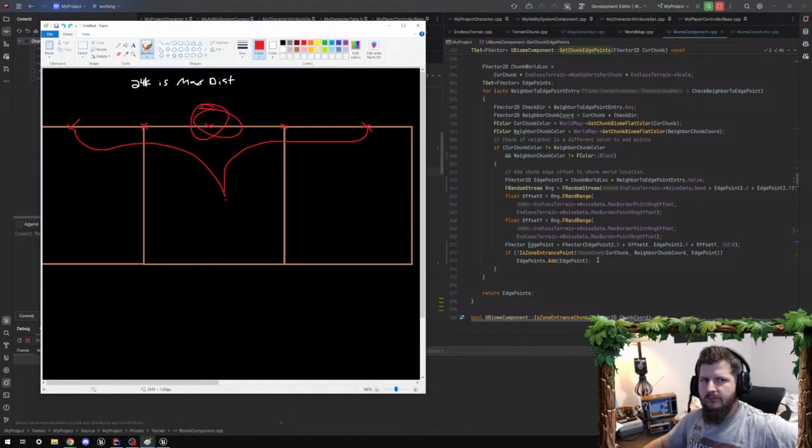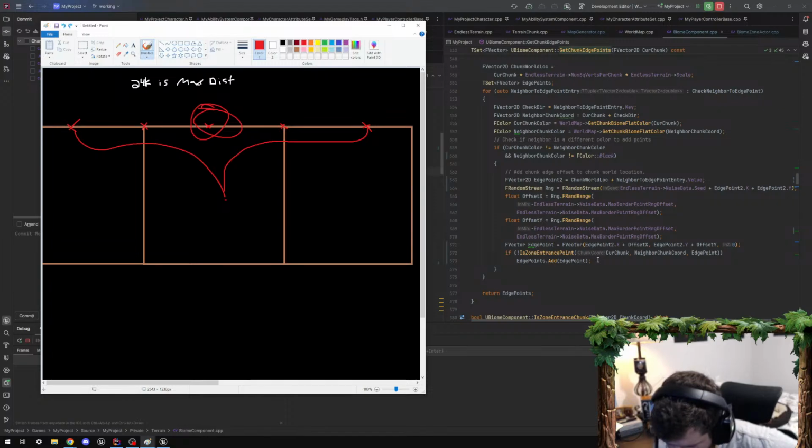I don't know, I guess maybe what I should do is just make a spline, like a different spline, perpendicular, and subtract that.